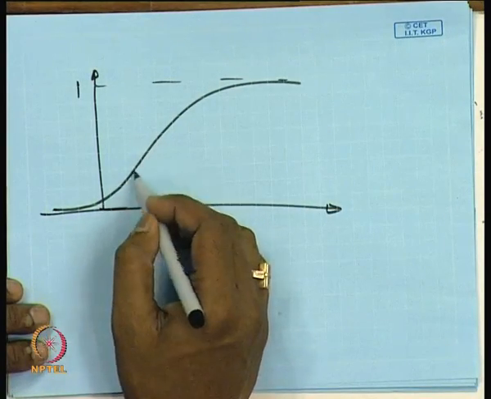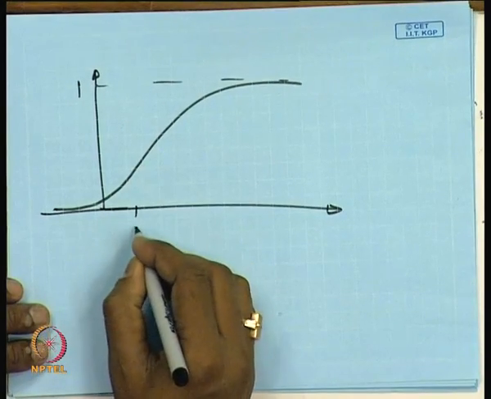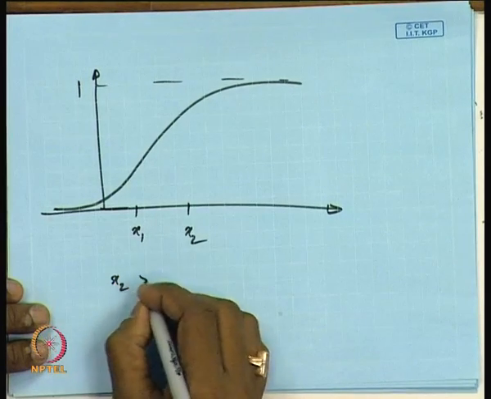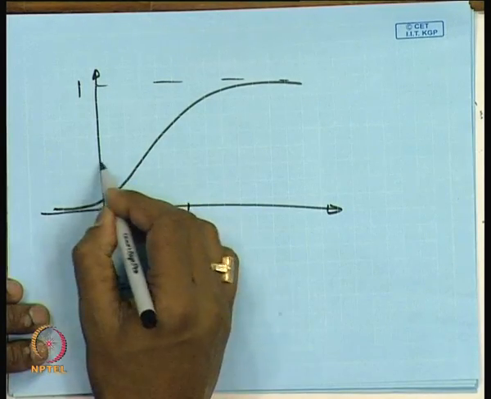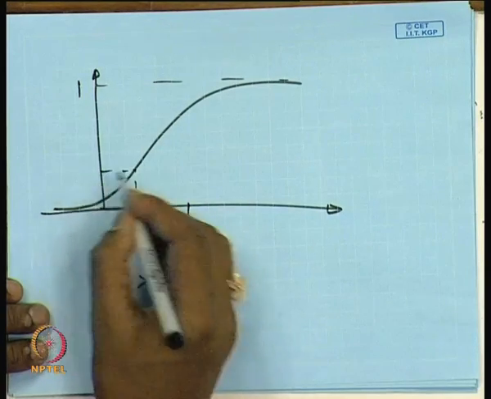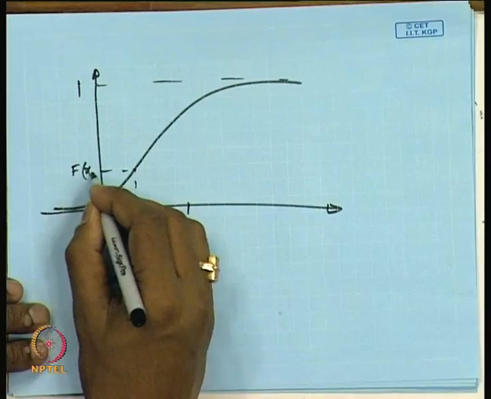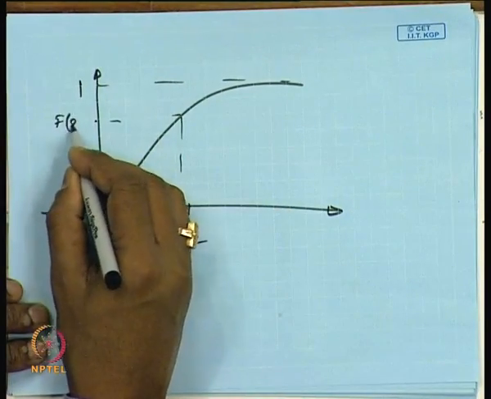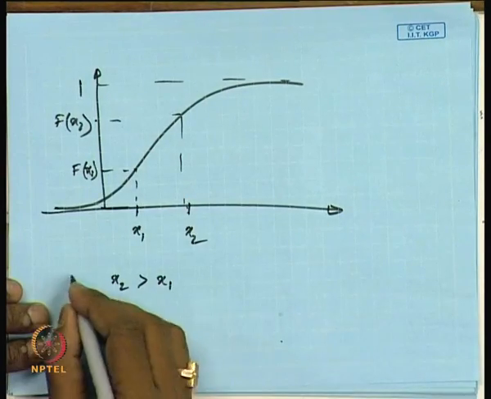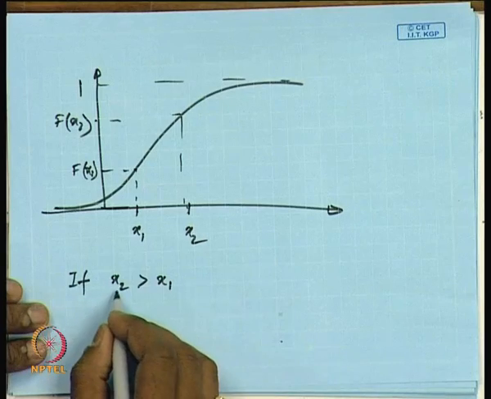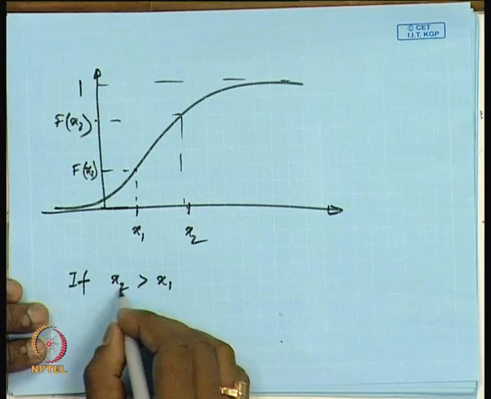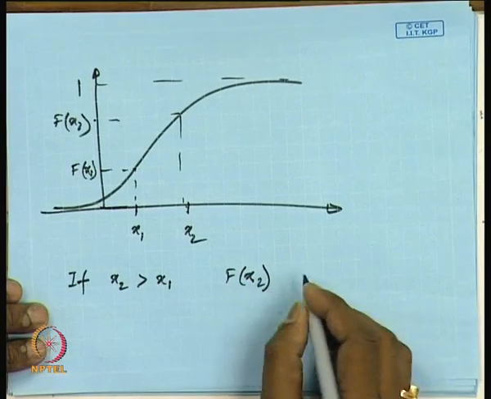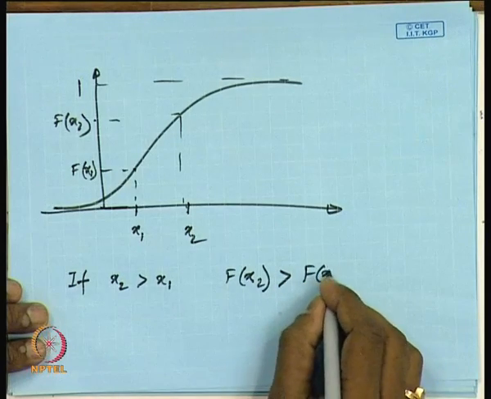So non-decreasing means, if this is your, say, x1 and this is your, say, x2, and we say that x2 is greater than x1, then these values, that is f of x1 and f of x2, then what we see is that if x2 is greater than x1, then f of x2 is greater than f of x1.